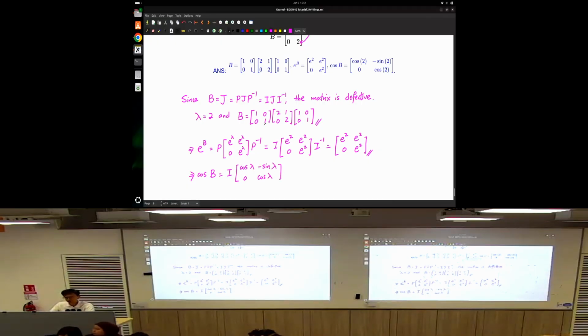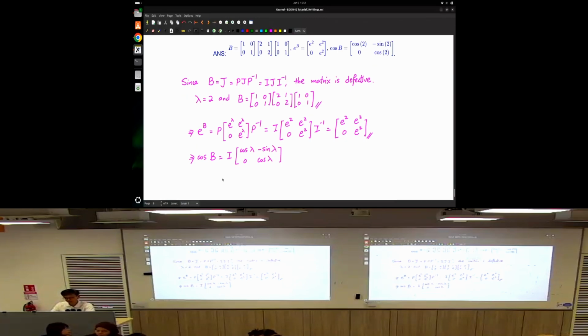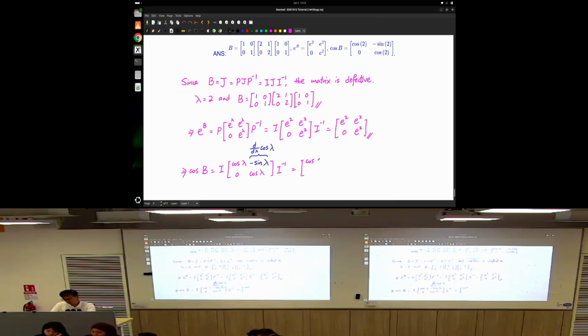We mentioned this during the lecture just now: the top right is the derivative of the function on the diagonal. Then you multiply by I inverse. So the answer is really just cosine 2, cosine 2, and this one is minus sine 2.